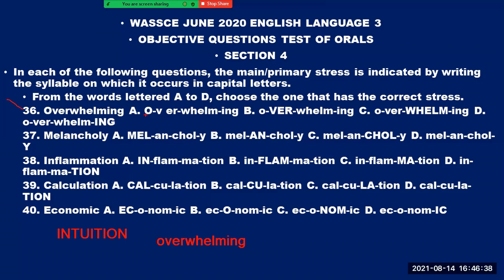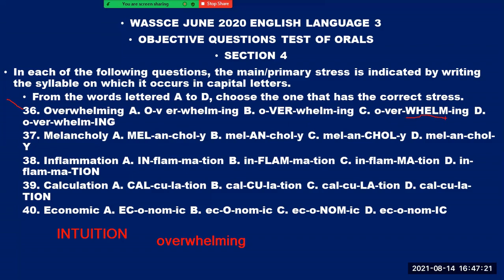It doesn't really correspond with what we have as our intuition. Overwhelming doesn't really make sense. Then overwhelming, which is option B, also doesn't sound naturally correct to us as users of English. Then C, overwhelming. This actually is correct without stressing ourselves to look for any rule.